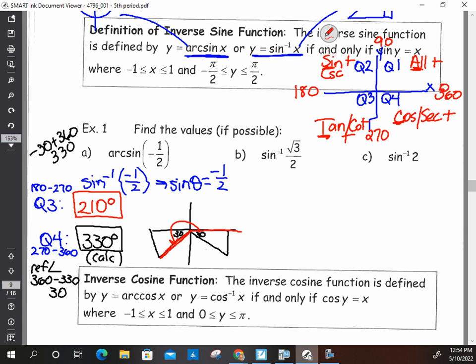So first we took the reference angle of the answer that we got. 360 minus 330, that's 30. So that's your reference angle. Remember, we were still missing the answer from quadrant 3. So we took the reference angle and copied it into quadrant 3 because that's where we needed it.